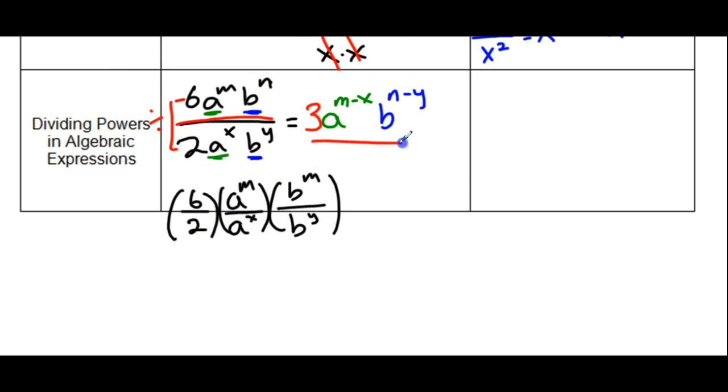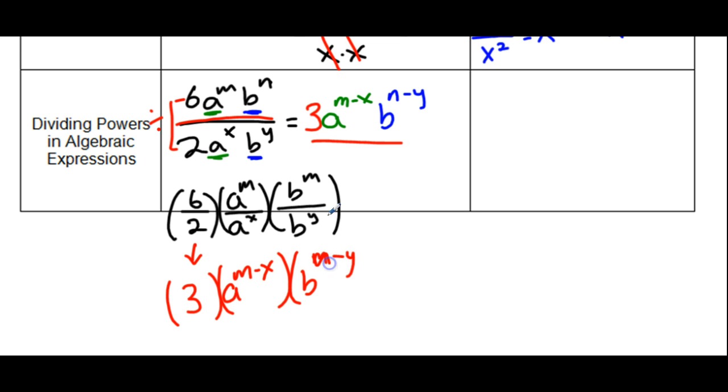So I'm going to get the same answer, just a different way of looking at this. This 6 divided by 2 is 3. Let me put parentheses around these just so we have distinctions. A to the m minus x, and then b to the n minus y. Sorry, this should be an n. So it's the same thing. All you really need to do is separate the numbers, the letters, or the variables, and then combine them at the end.